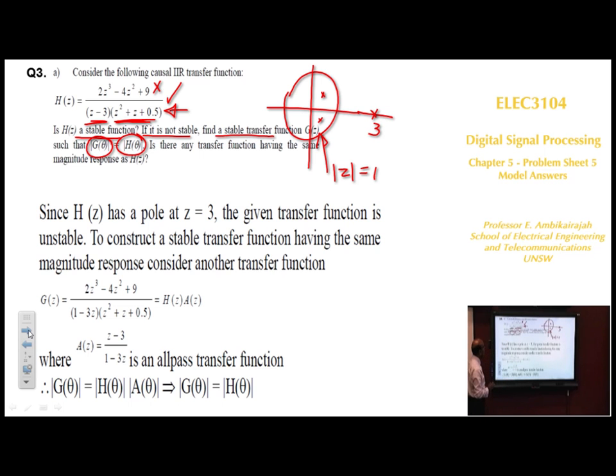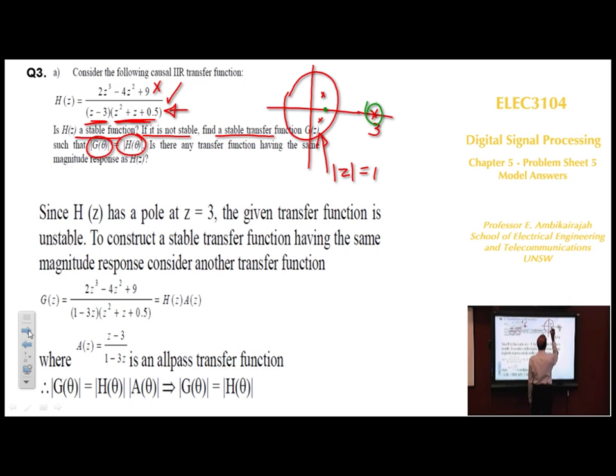So how do we do that? What you need to do is, remember we did this all-pass filter? So we need to have that thinking. We must find a way to have a zero here to cancel that pole. In all-pass filter it says, if you have a zero outside, you need to have a reciprocal of that.